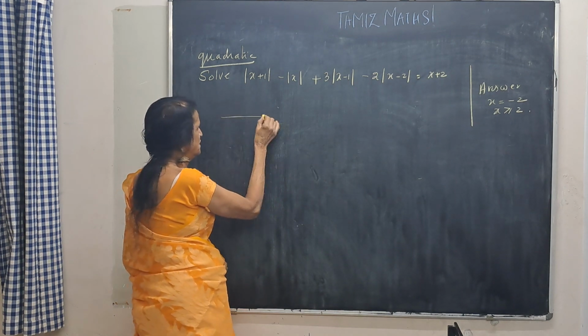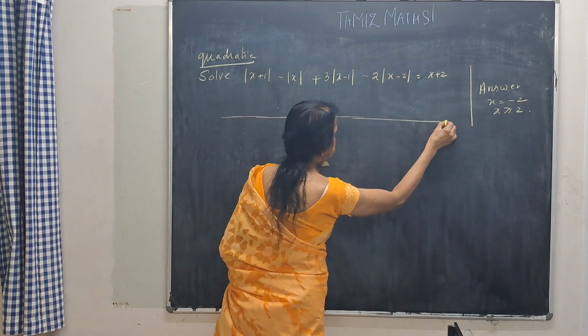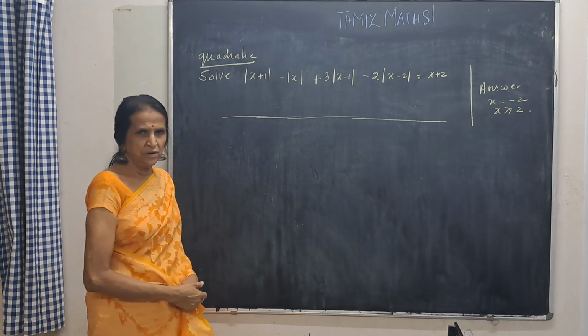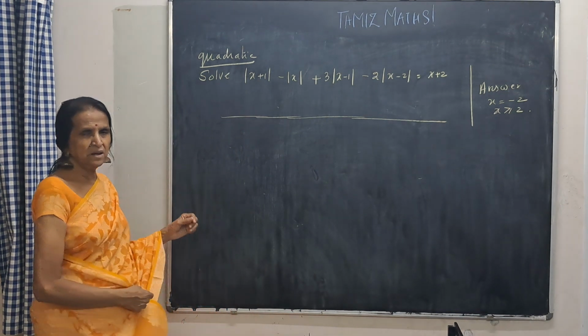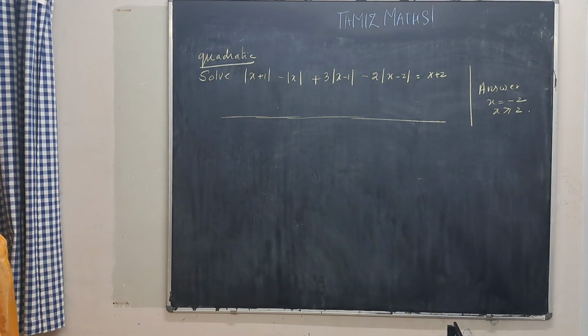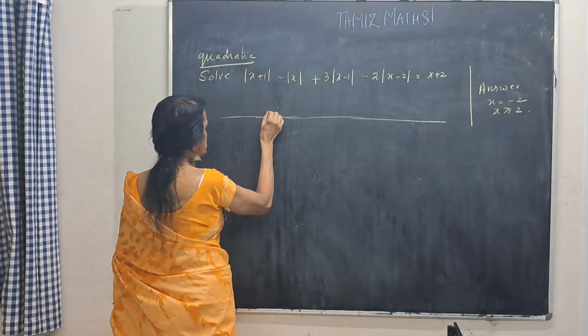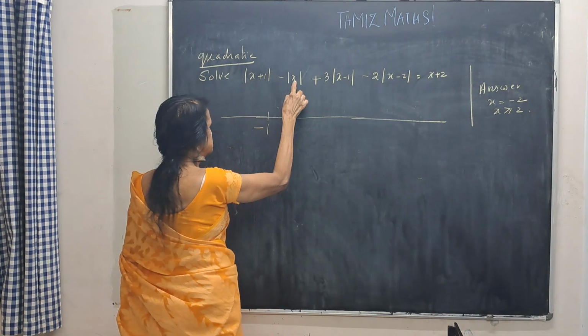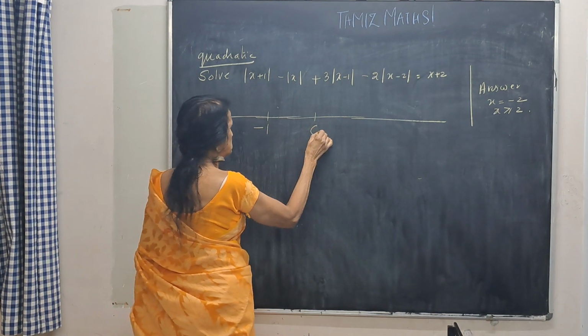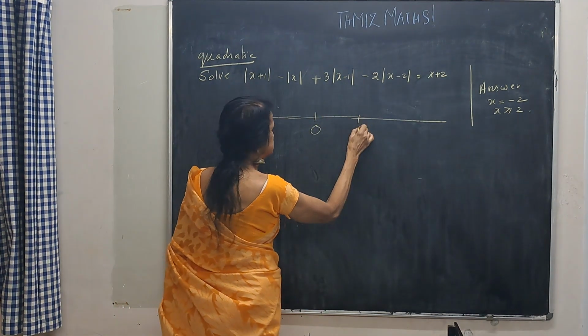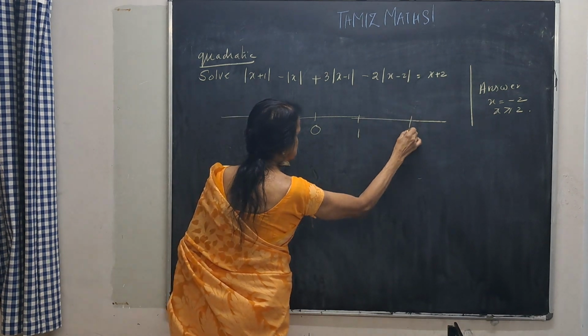Let us mark on the number axis those points which will make the modulus 0. I mean to say, minus 1 will make it 0. 0 will make it 0. 1 will make it 0. 2 will make it 0.